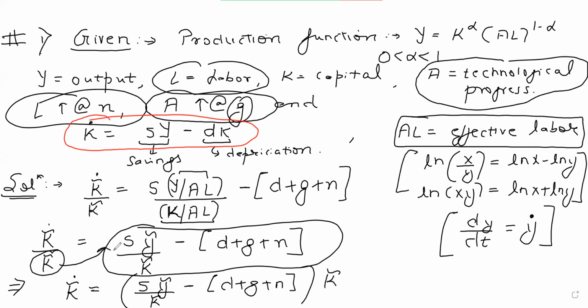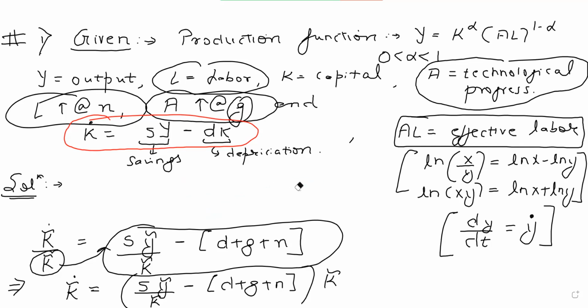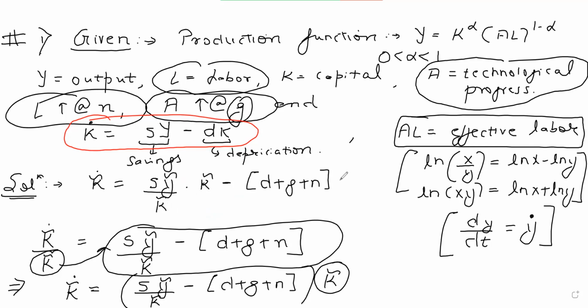So if I erase this initial part, I can write K tilde dot is equal to, now sY tilde by K tilde times K tilde, minus d plus g plus N times K tilde. So this expression multiplied by K tilde minus this expression multiplied by K tilde.